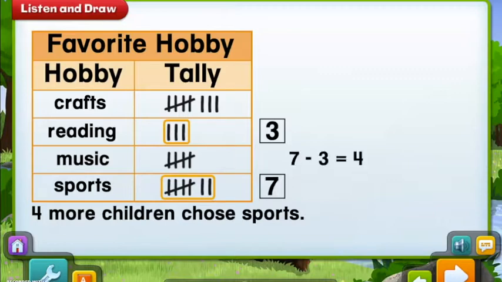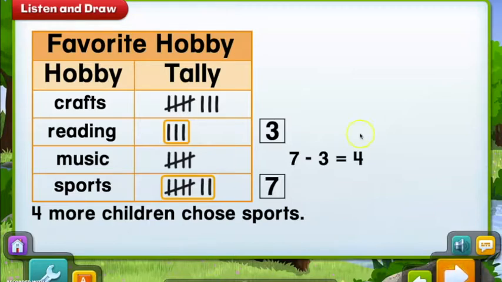You can also subtract to find the answer. 7 minus 3 is equal to 4. The tally chart shows you the number of children who chose each hobby. Could the chart be used to find how many girls chose music? No, the chart does not show which tallies are for girls and which are for boys.